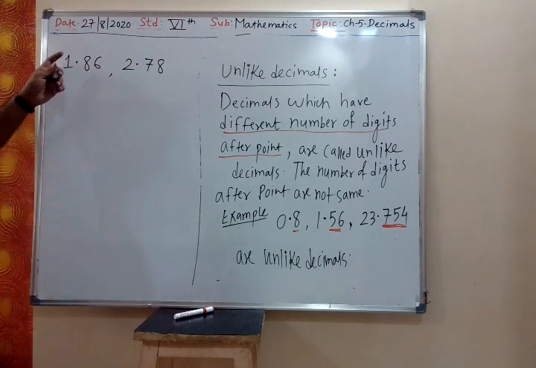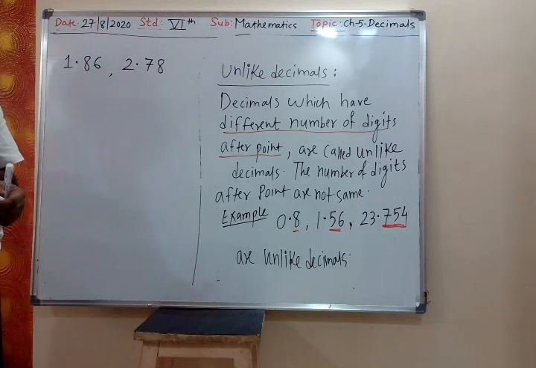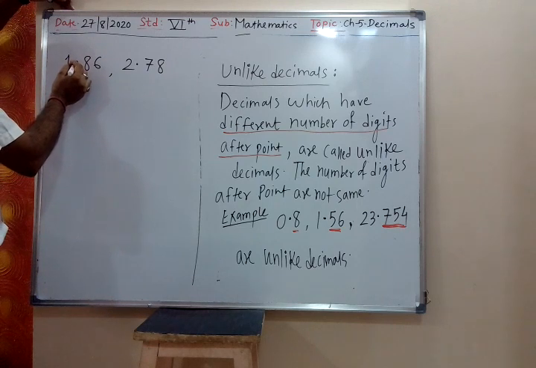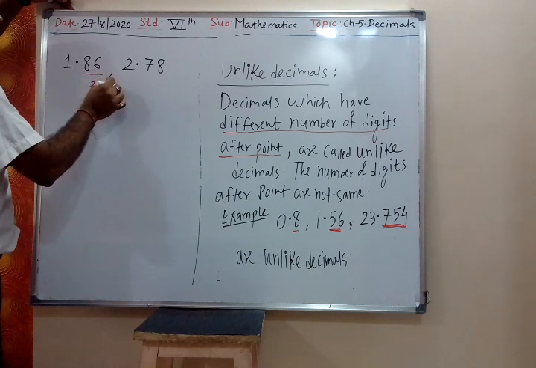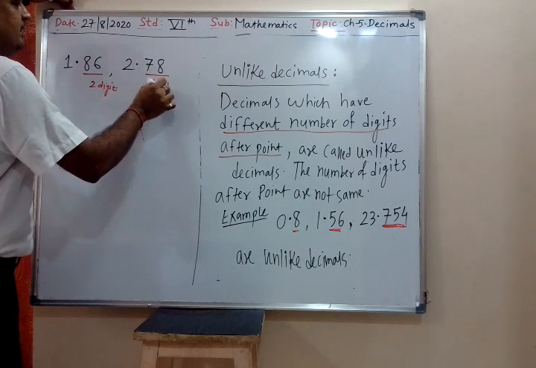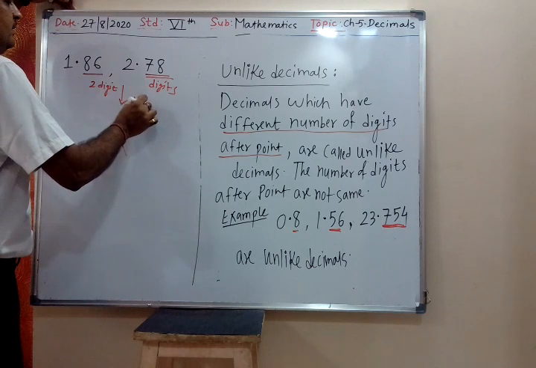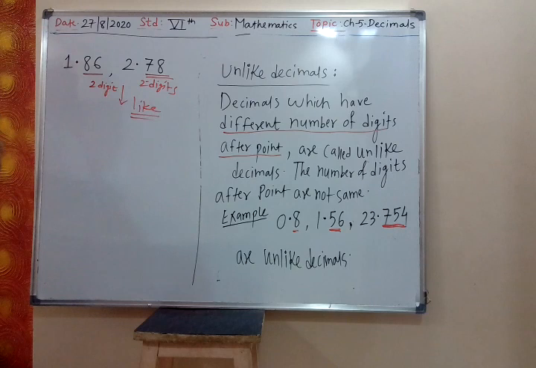Now my question is whether they are like decimals or unlike decimals. After the decimal there are two digits, 8 and 6. After the decimal there are two digits, 7 and 8. So the number of digits are the same, so these two are like decimals.